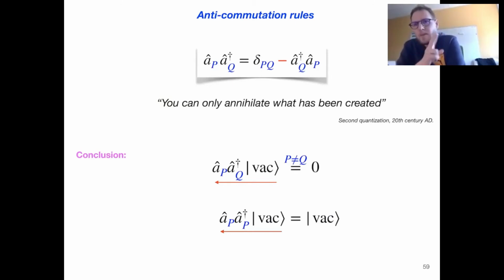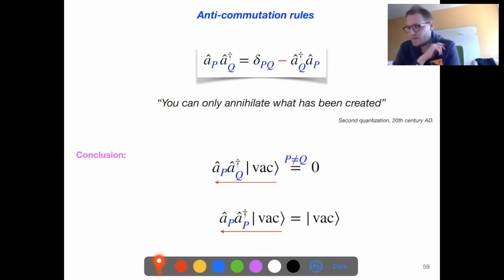For the anti-commutation of two annihilation operators or two creation operators, it's all about the fact that electrons cannot be distinguished, and also the Pauli principle. For the anti-commutation rule between creation and annihilation operators, it just means that you can only annihilate what you have created first. All this makes sense; it's just translated into these so-called anti-commutation rules.